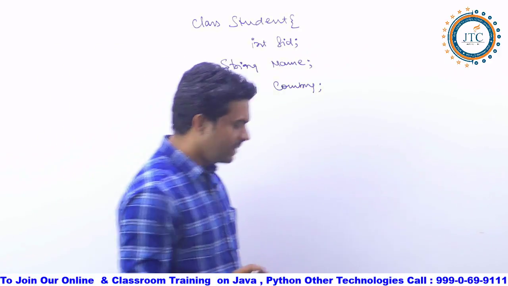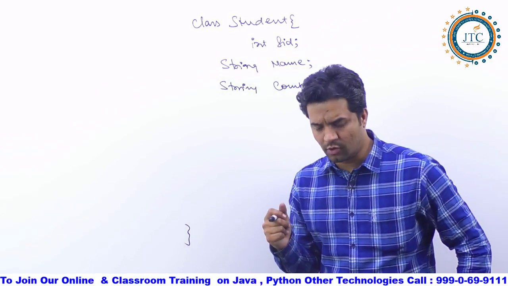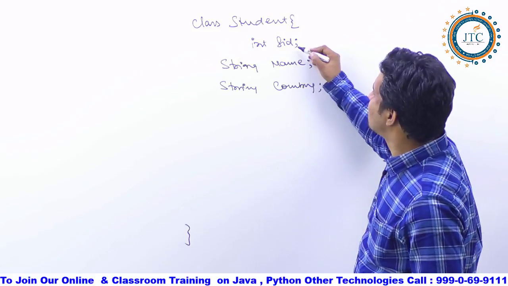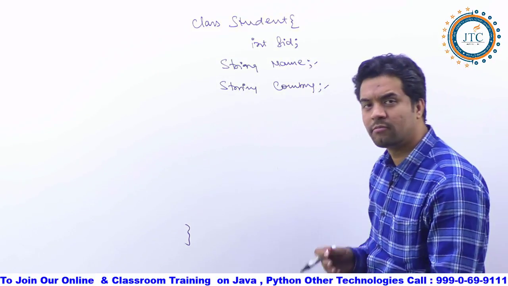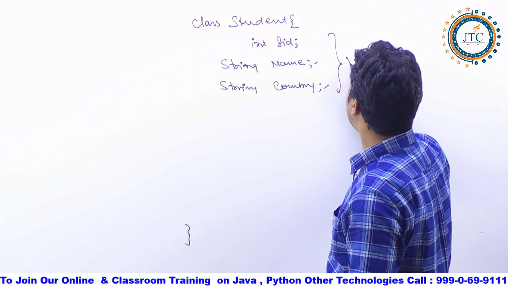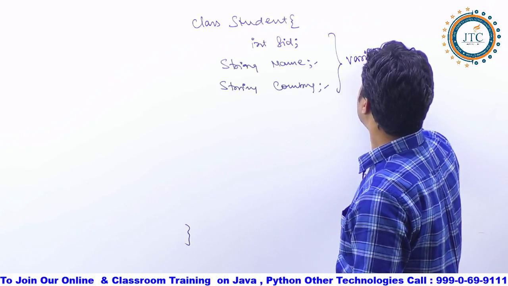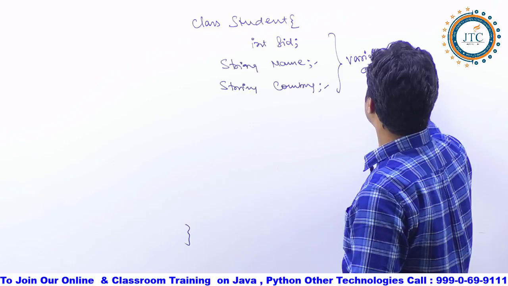Now suppose previously, one thing I am asking all of you: guys, what is SID, what is name, and what is country name? These all things are somehow variables of a class.